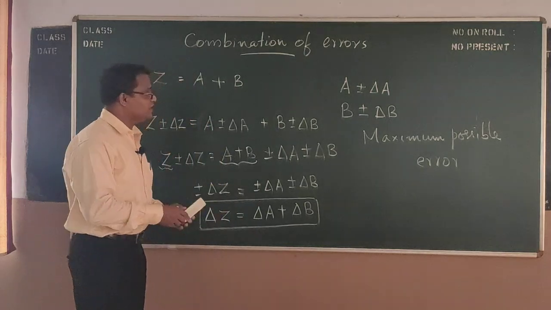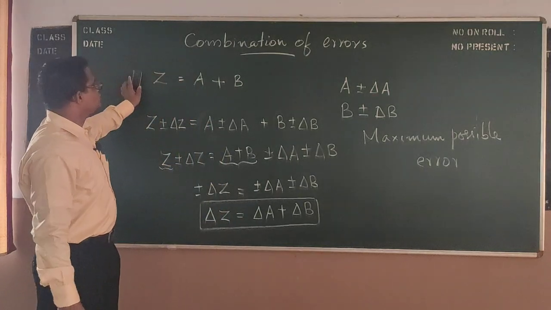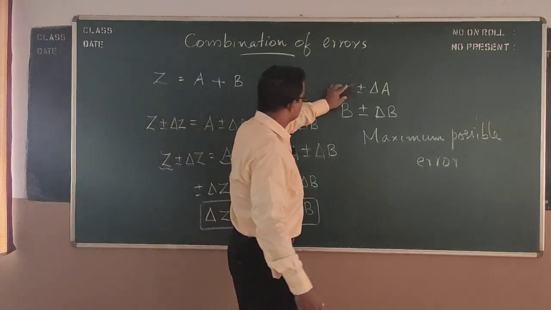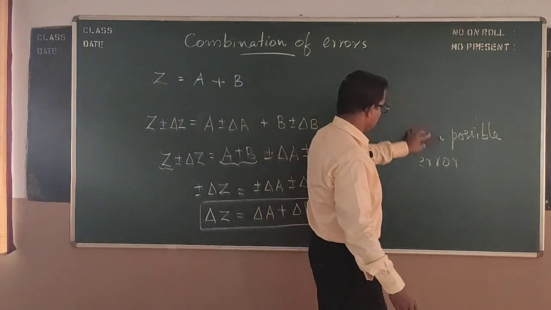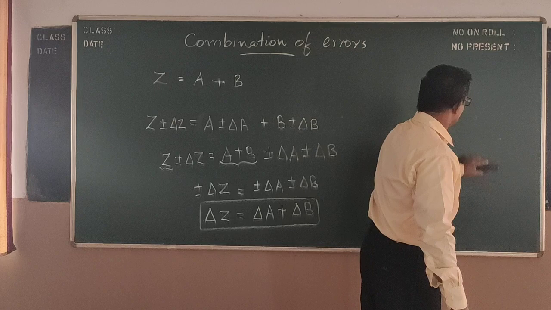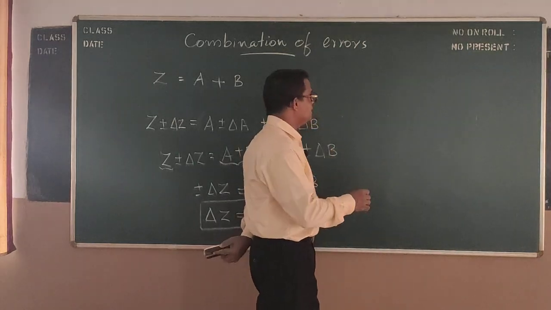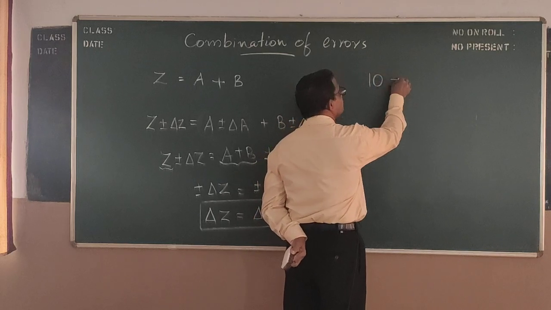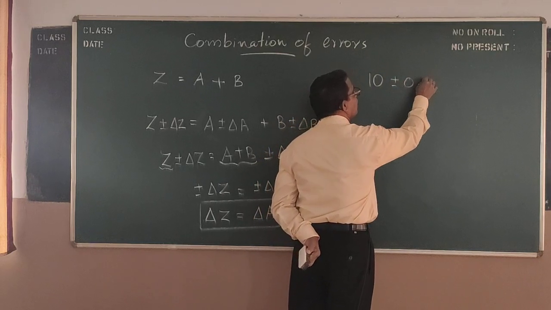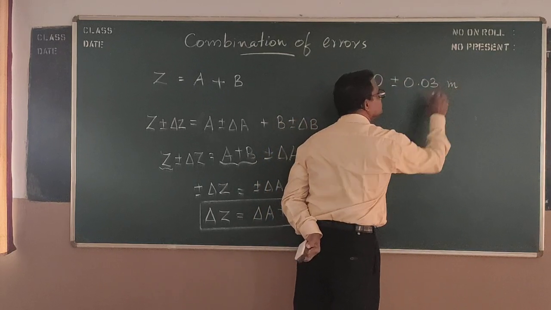Now, to understand where we are applying this, I will give you a small example. I measured the length of a room as 10 plus or minus 0.03 meter.